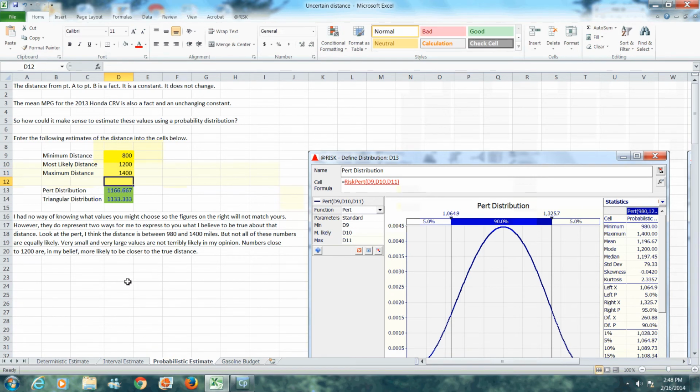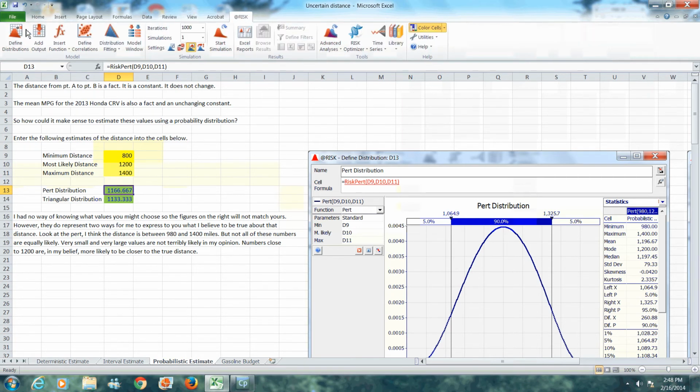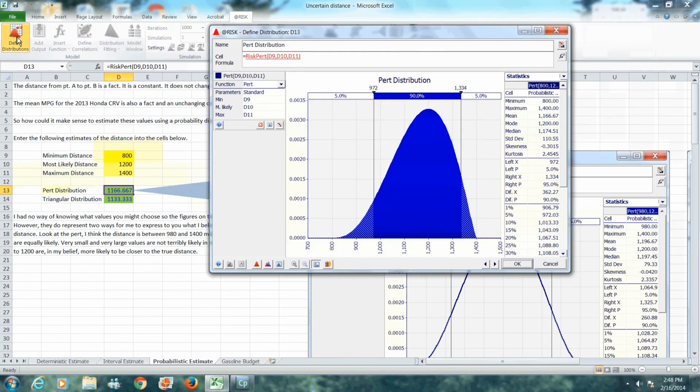In this particular sheet, I've already built in a couple of distributions, so I'm going to go to the At-Risk tab, click on Define Distributions, and you're going to see here, this is one picture of the uncertainty. Now, this is a picture of my belief. Remember that there is a fixed number here.